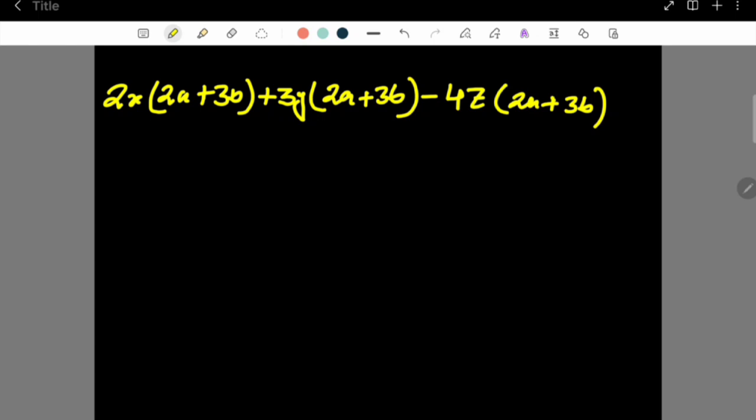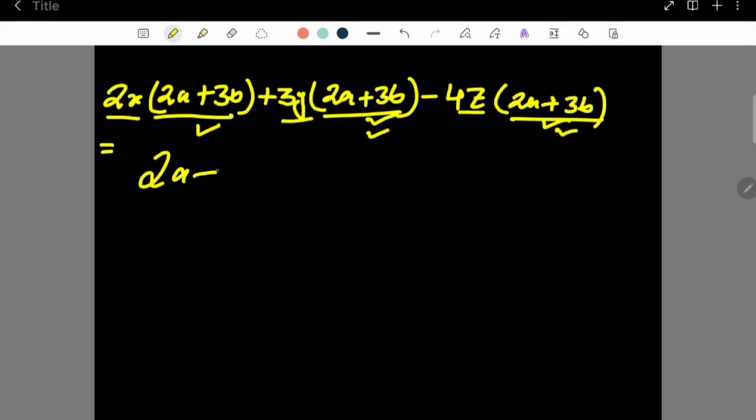Okay, now the next sum, let's see how I can do it. Here, this bracket part is the same. You can see this bracket part, 2a plus 3b, is here also, here also, here also. Previously, we took common the terms from outside. Now only this bracket part is the same, so we will take it out.